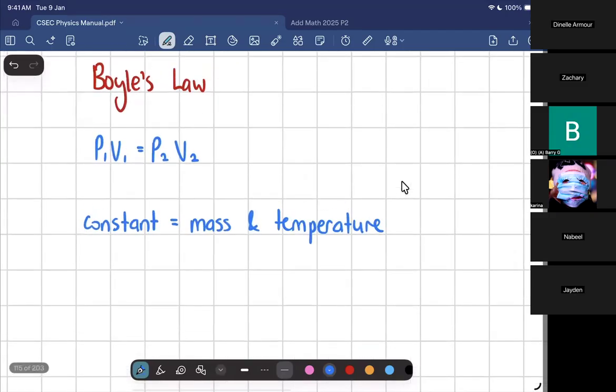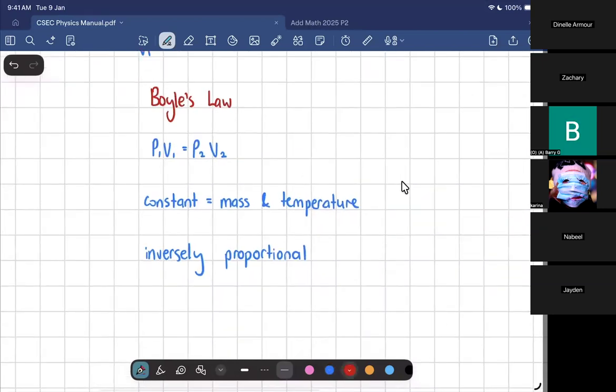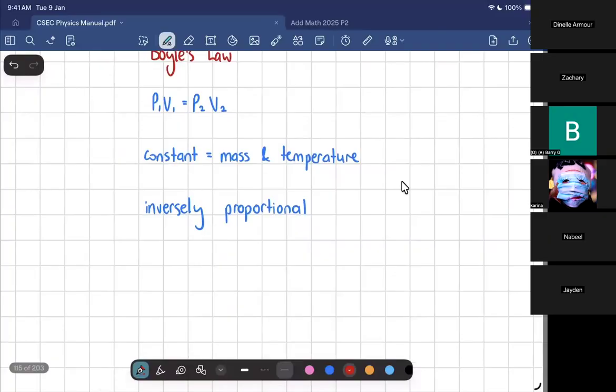And talk to me. Pressure and volume, they are what to each other? Proportional or inversely proportional? Inversely proportional. Right. And what does that mean? If you plot P versus V, it would not be a straight line.